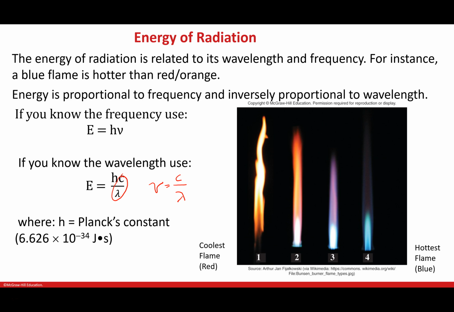This is one where, if you brought your calculator, we'll definitely get some use with scientific notation. So for red, you're using 700, and for blue, I think I'd go 400, even though I think that's violet, but we'll go with the extremes. But 700 nanometers, how many meters is that? Nano is 1 billion.